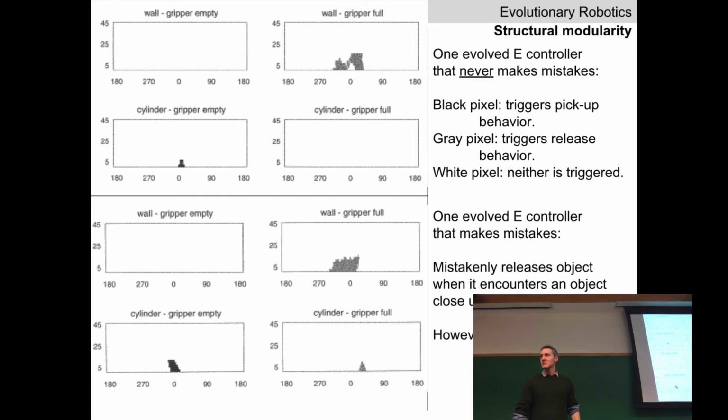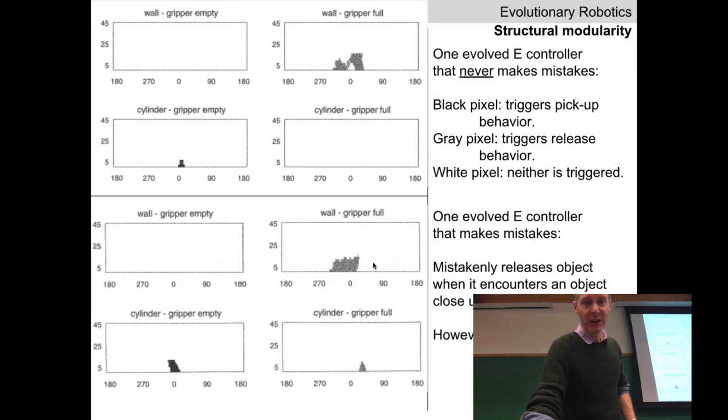Because it seems like holding it over the edge and not releasing is a mistake, but it said... It's in that condition, it's facing the wall, it's got the object over the wall, and it's not making a mistake because it might move and then it hits one of those gray pixel conditions and then drops the obstacle, right? So an error would be, for example, that it drops an object inside the arena and goes after another one. Okay, so it's doing the right thing here.